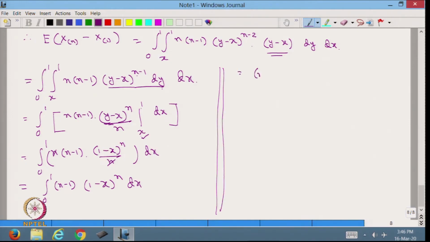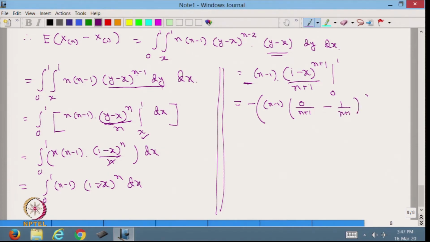Is equal to n minus 1 goes out, (1 minus x) whole to the power n plus 1 upon n plus 1 from 0 to 1, but it comes with a negative sign because x here is negative, which is equal to minus n minus 1 into 0 upon n plus 1 minus 1 upon n plus 1, which is equal to n minus 1 upon n plus 1.